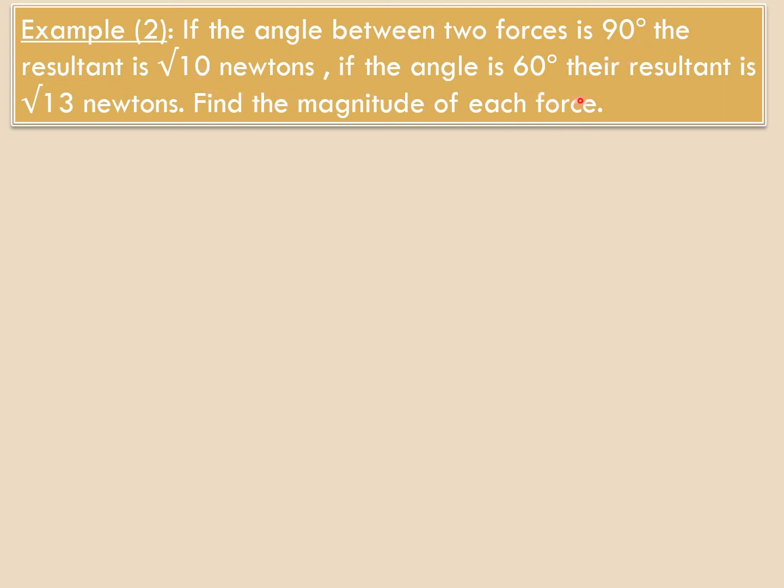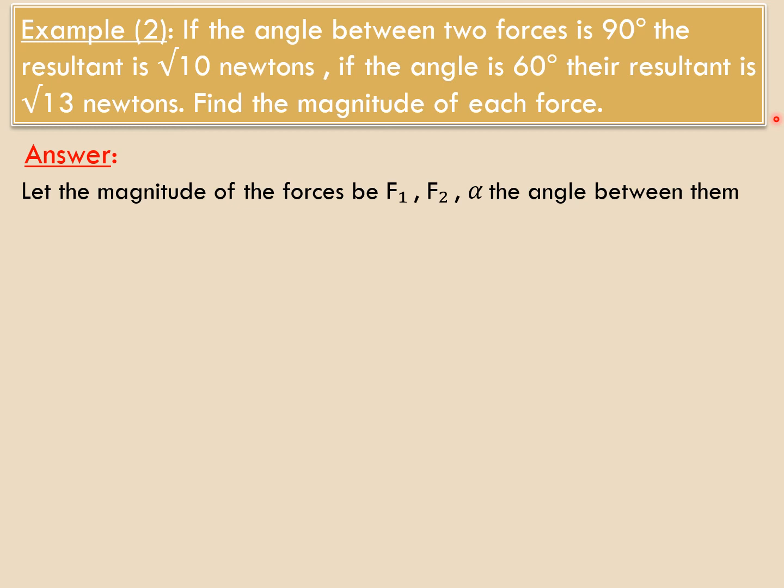If the angle is 60, the resultant will be root 13. Find the magnitude of each force. So F1 and F2 are unknown here, and the resultant is root 10 if alpha equals 90 and root 13 if alpha equals 60. You have two cases.